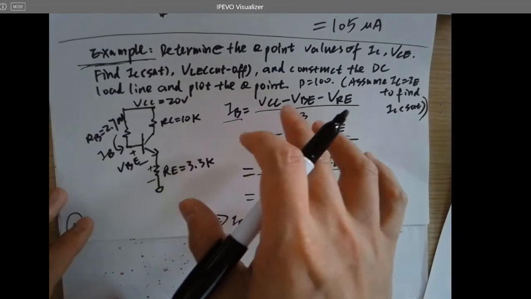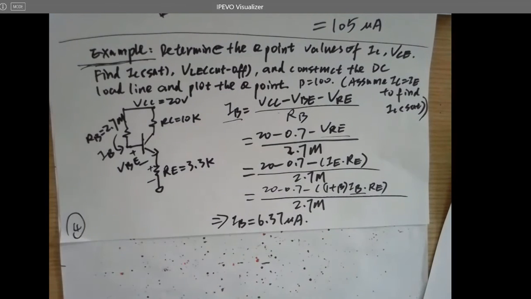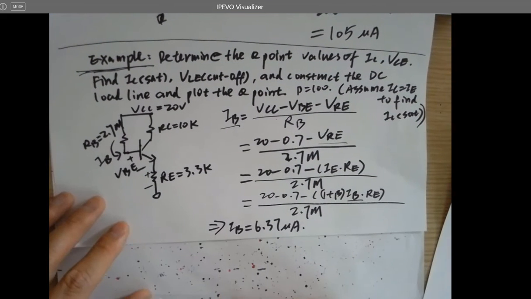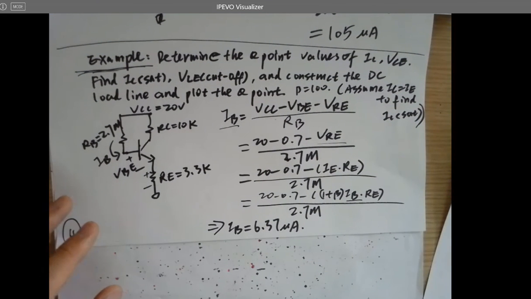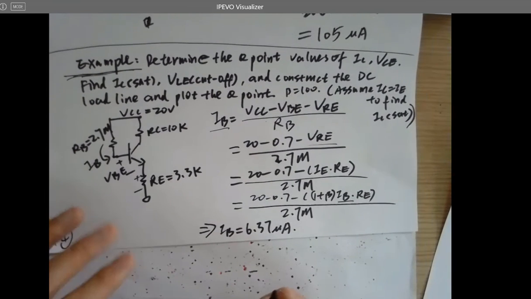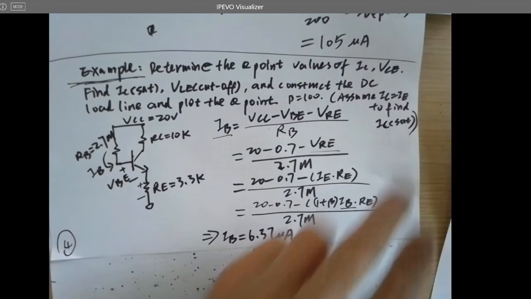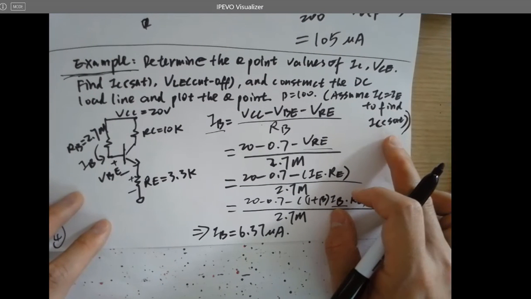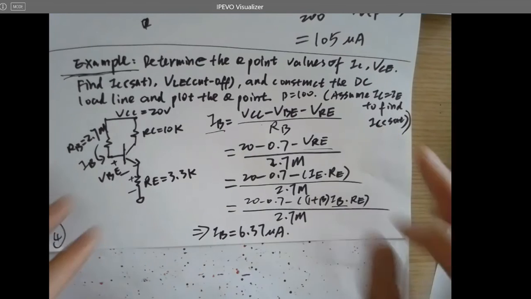Just for this one. But in general, they are pretty close, right? Because the beta is high. It's for calculation. Since IC set is not a real value, it doesn't matter. It's 2 or 3 microamps variation.